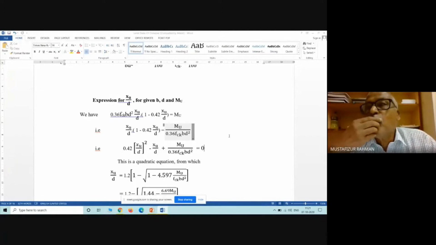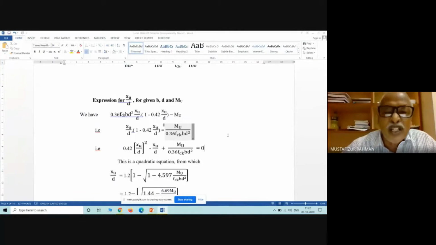That is a fixed value for a particular cross section, for a particular grade of steel, and for a particular grade of concrete. I gave you one table. Xu by d is equal to, say, 0.5 for Fe250; if it is Fe415, then 0.48; and if it is Fe500, it is 0.46.